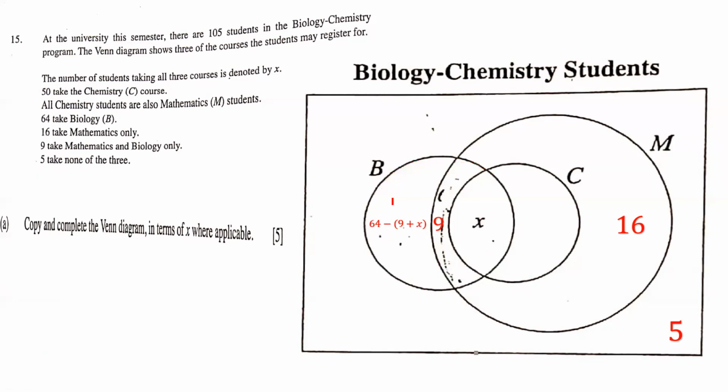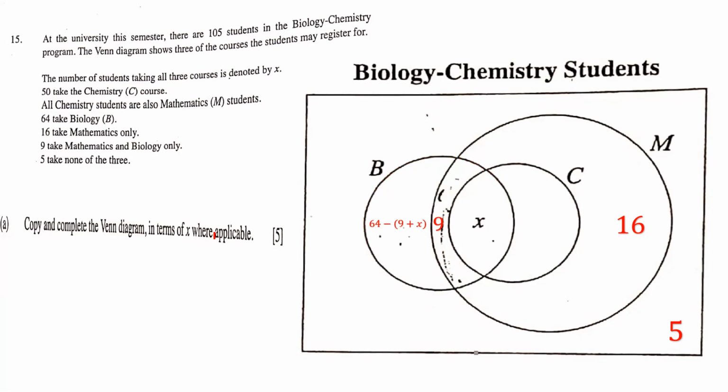So again, this whole circle, that's 64. We already know that this portion of the circle is x. We already know that this portion of the circle is 9. So if you want to figure out what this portion is, it's going to be 64 minus 9 plus x. And that's how we get the 64 minus 9 plus x. Okay, so let's erase that.